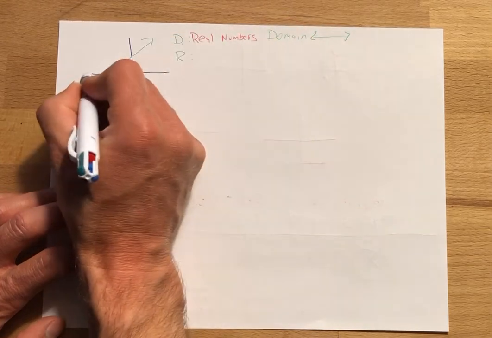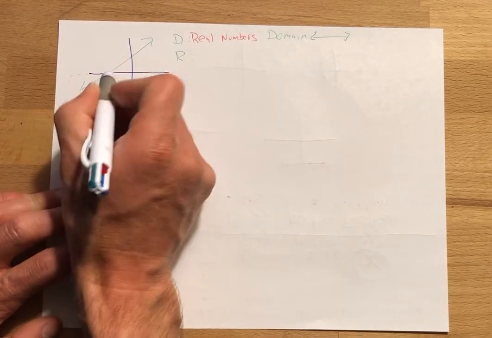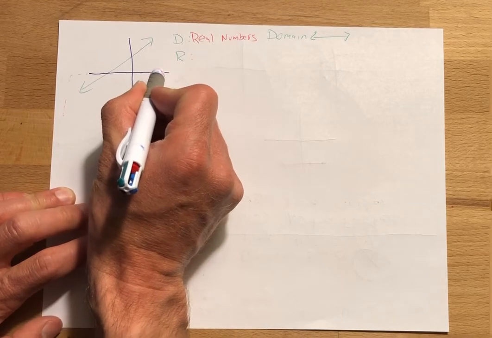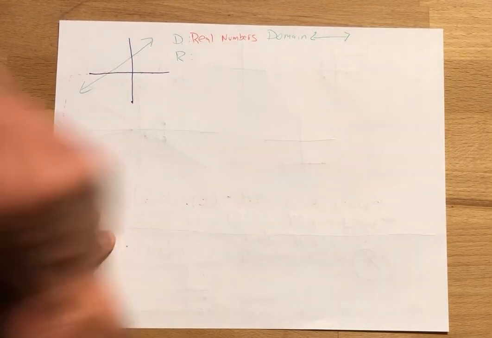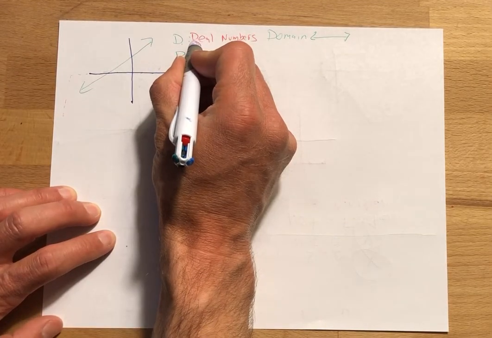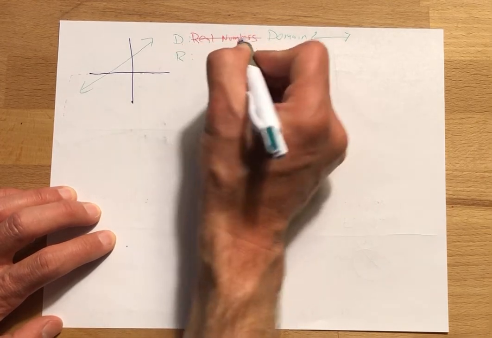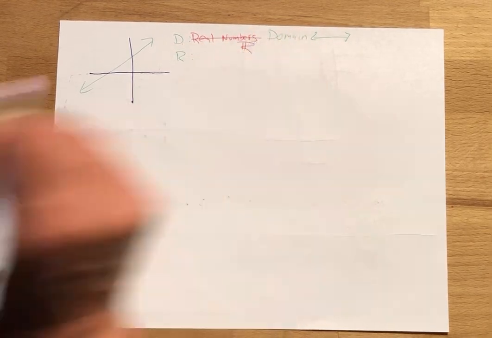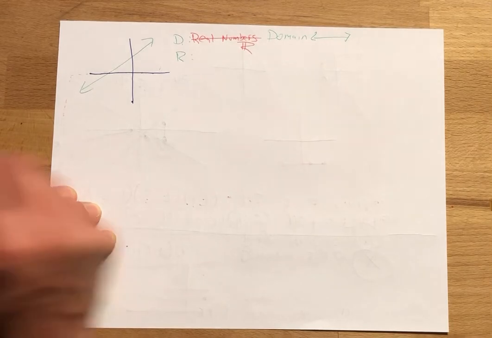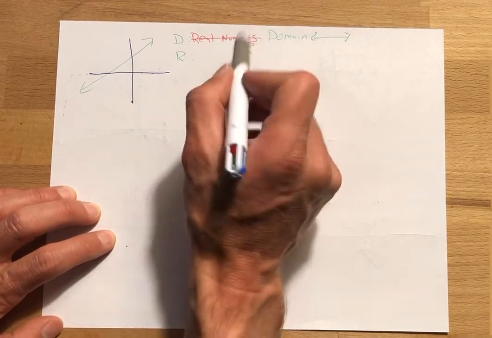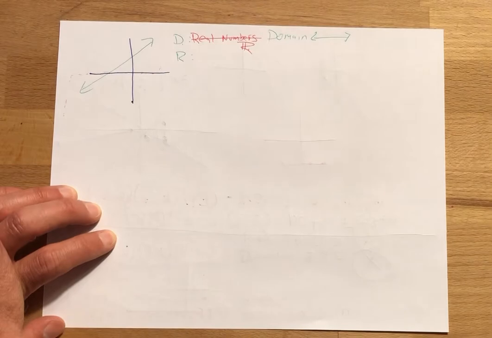Meaning, any x value I can go down and hit the graph, or any x value over here I can go up and hit the graph. But the way that we say all real numbers is this. We do a symbol. It's like that. That's all real numbers. All real numbers, think of it as forever.